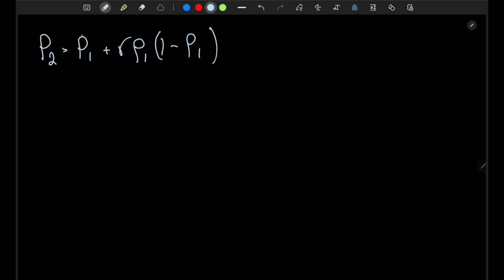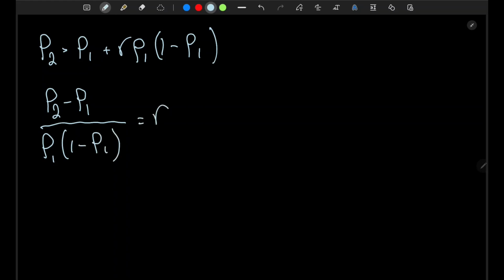So first we move this p1 over, change the sign, so we're going to have p2 minus p1, and then if we look what this r is, we're just going to have this on the right side left, and then if we move this whole portion down, p1 multiplied by this whole thing, you can write that all over p1 times 1 minus p1, and there you have it in one step.